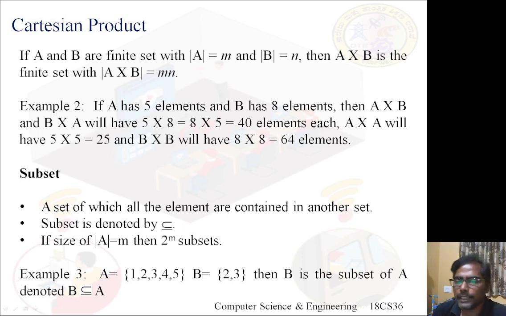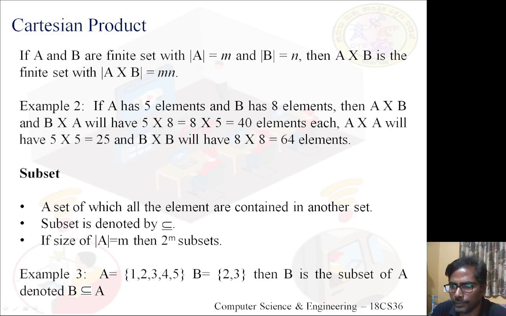Now look at example 3. Set A contains 5 elements: 1, 2, 3, 4, 5. And set B contains 2 elements: 2, 3.